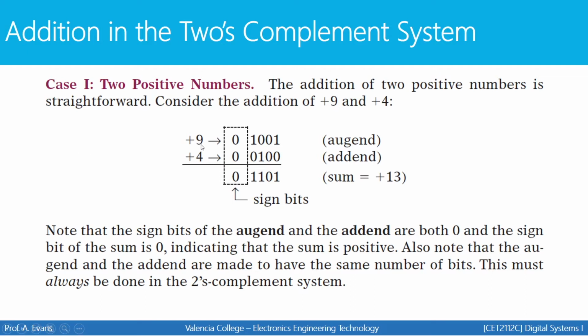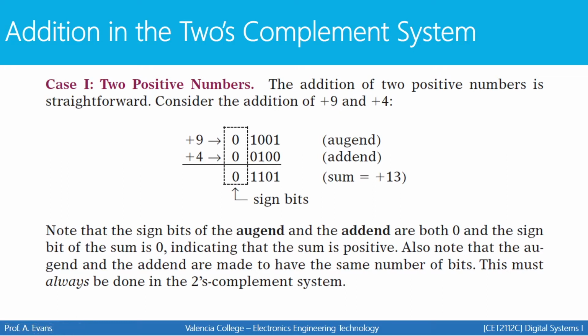So for example, if I'm adding 9 and 4, 9 would be 1001, 4 would be 0100, and they're both positive. So this first bit here is going to be a 0. When we add all of this up, we're going to see that we get 1101 out as the sum, and we get a carry of 0.